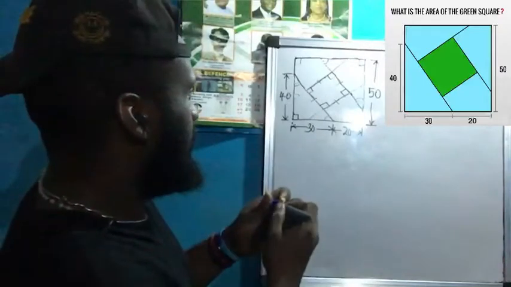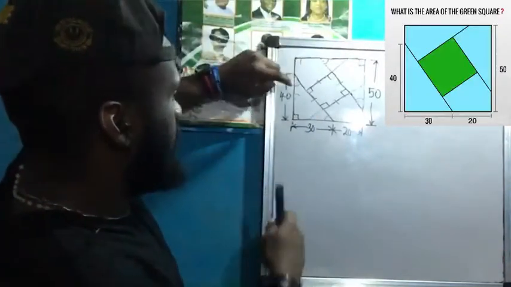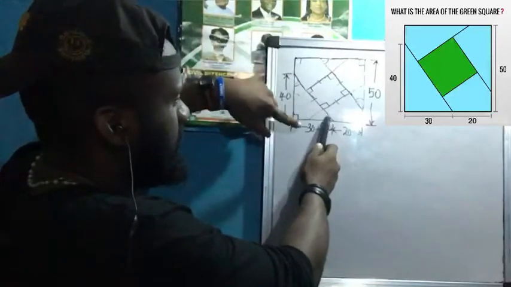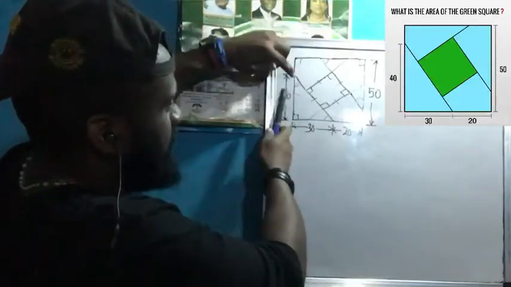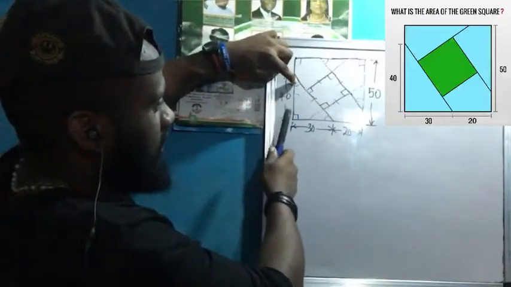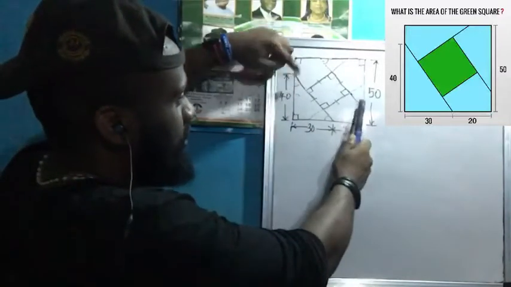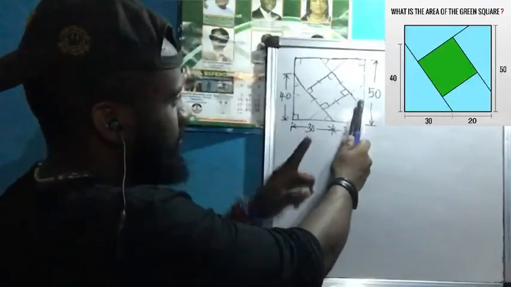Oh, let me go one by one. The angle this one makes with the horizontal will be the angle this parallel one to it makes with the horizontal, and the angle it makes with the vertical, marked with 2 arcs, will be the angle this one makes with the vertical.